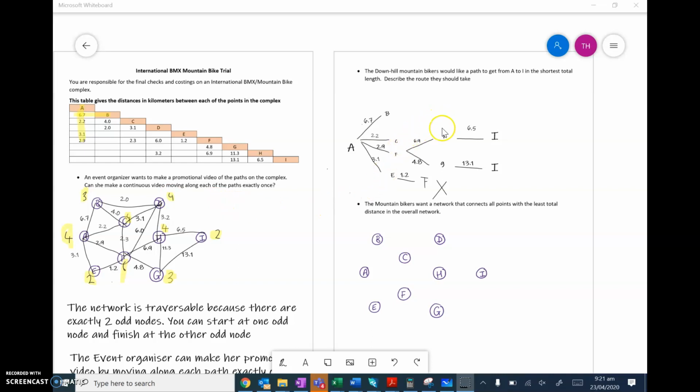Now I'm going to look at C. I've got myself a bit crammed up. So at C, I can either go to D or I can go to F. Again, it won't make sense to go to F because 2.2 and 2.3 is more than the 2.9.